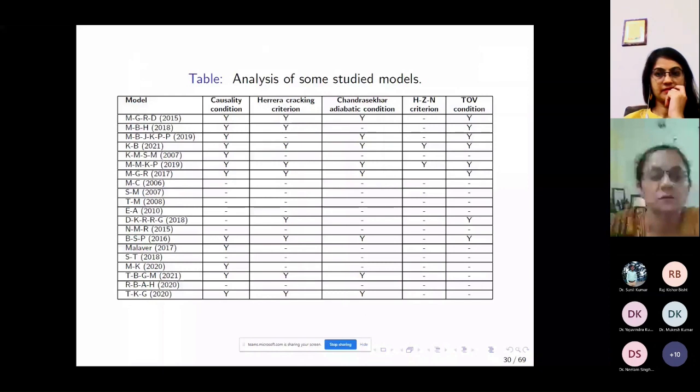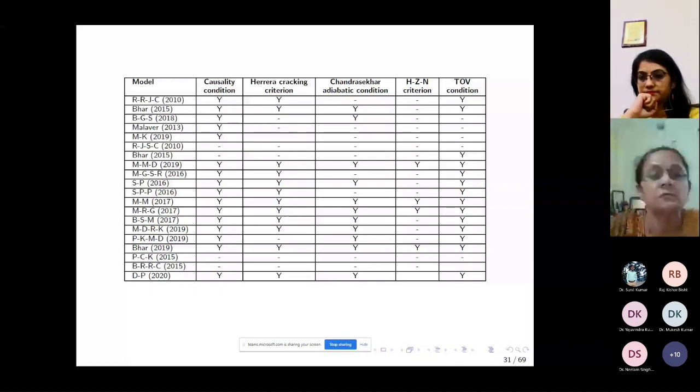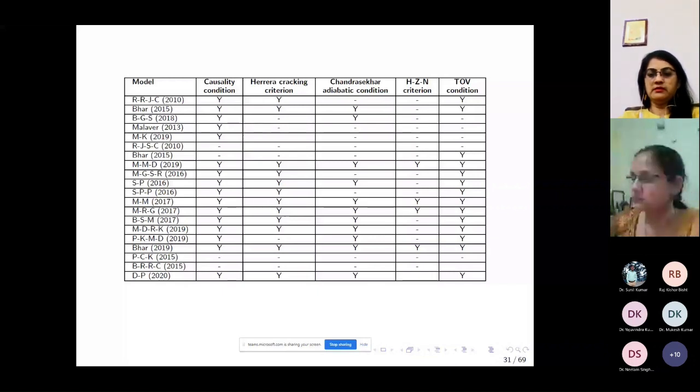In the TOV conditions, known as the Tolman-Oppenheimer-Volkoff conditions, we have Fa plus Fg plus Fh. Fa means anisotropic forces, Fg means gravitational forces, and Fh means hydrostatic forces.